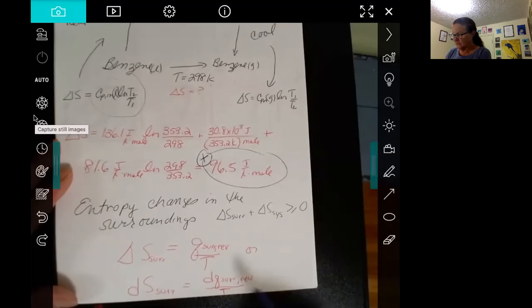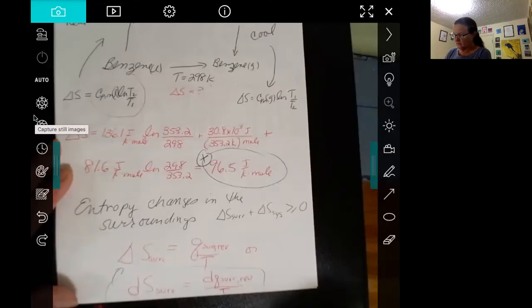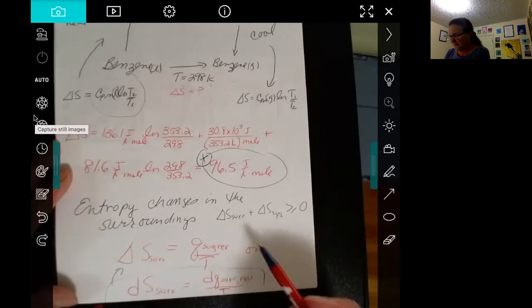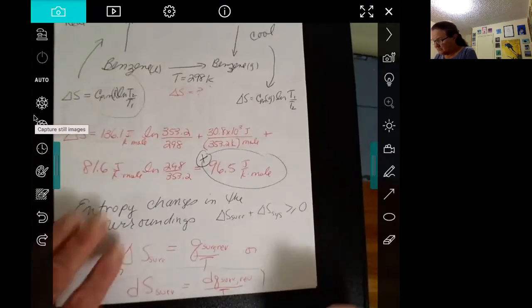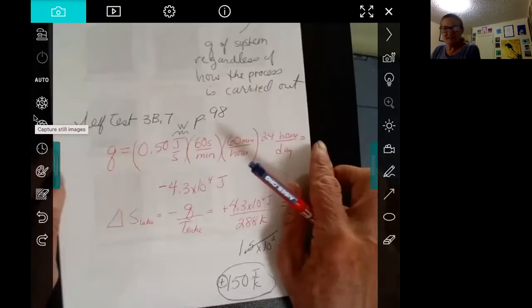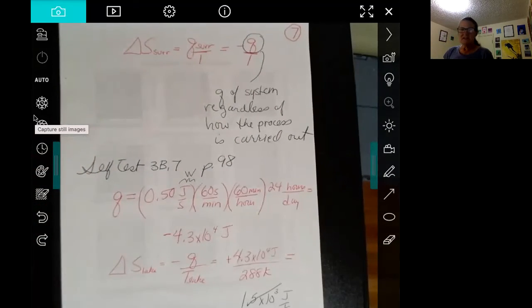So when you integrate this last equation, you get this equation because T is a constant for the surroundings. You can drop the reversible because the surroundings isn't undergoing a volume change or a pressure change. There's nothing going on except the heat being released into it.